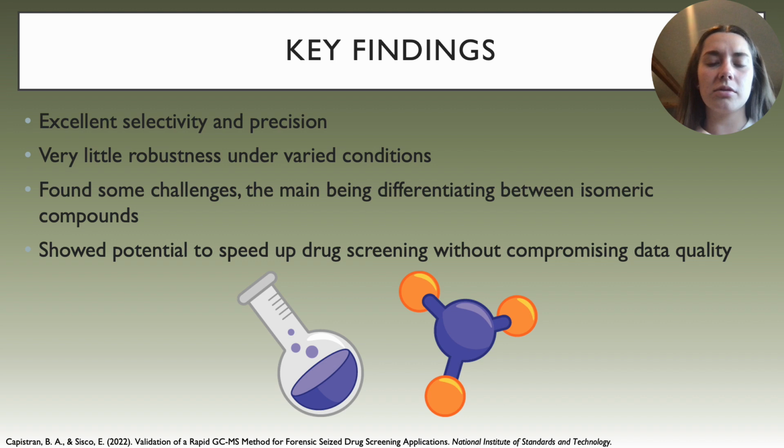There's very little robustness under varied conditions, and they did find some challenges, the main challenge being differentiating between isomeric compounds, which are compounds that have the same mass but are different structurally. And then it showed potential to speed up drug screening without compromising the data quality. So they are able to speed up this process and do it more efficiently without ruining their results.